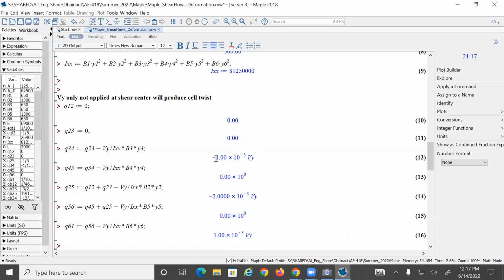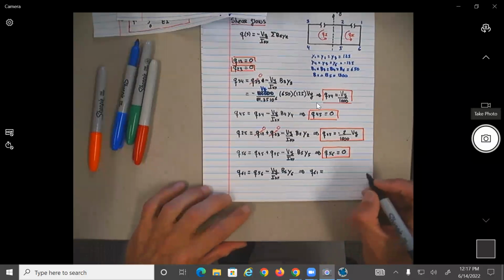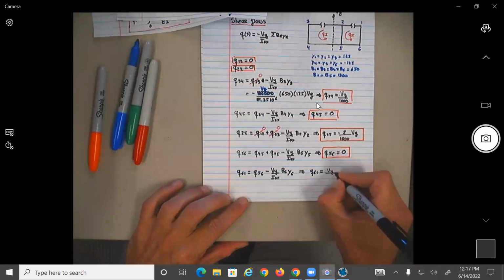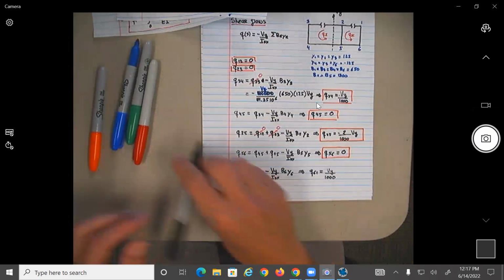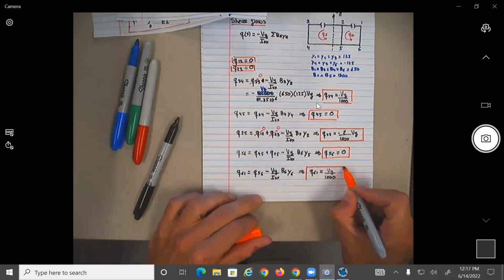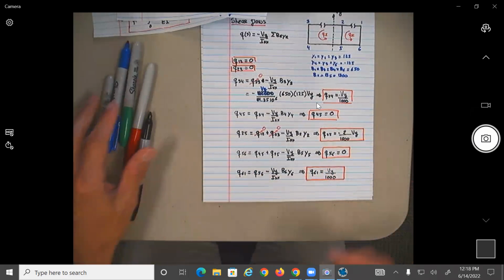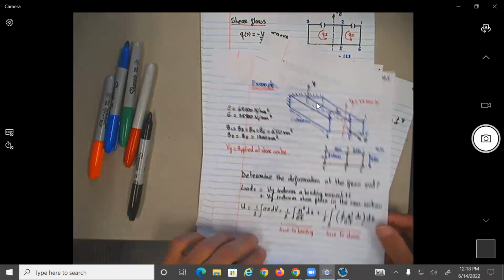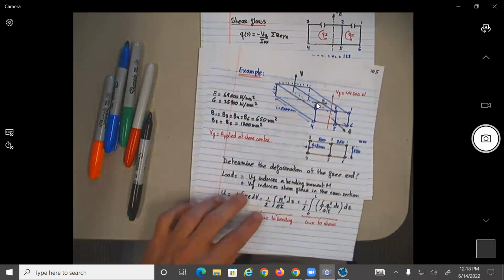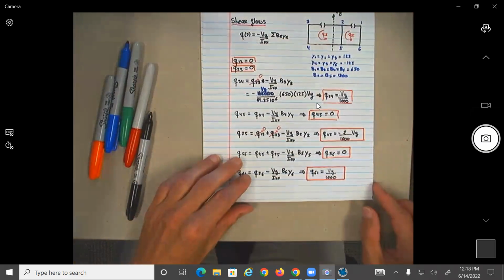Q34 was minus, here we have minus minus, positive; here we only have the minus side. So this should be equal to Vy divided by 1000. This is going to make everything a lot easier, that we have these easy values. Let's see if the next value is also easy: 105, 106, 107, 108. Okay.